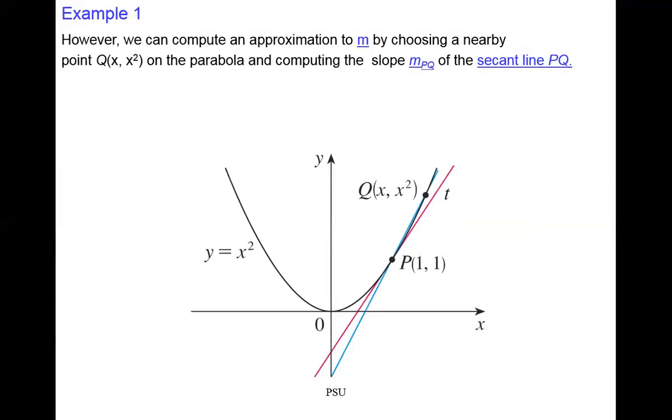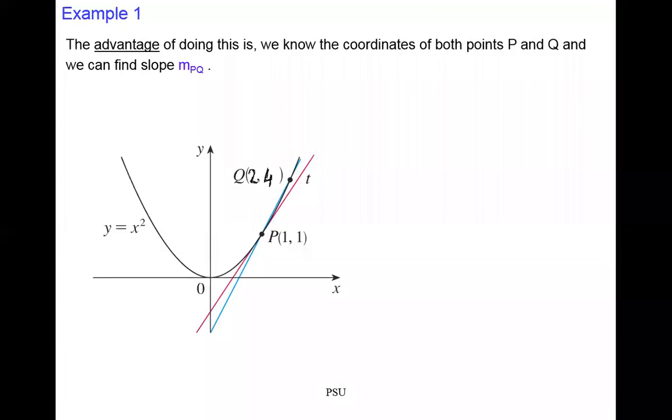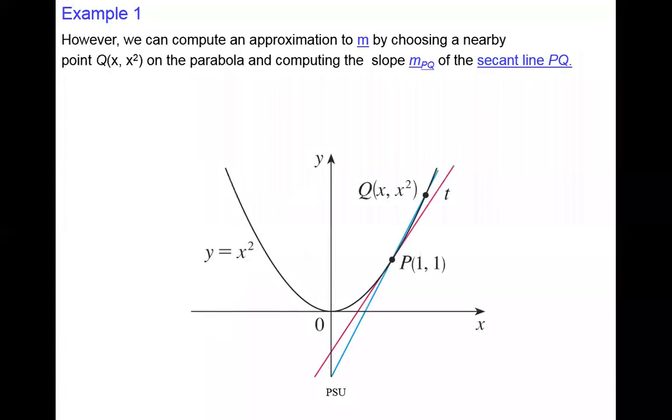Let's see, and I think I did this. Okay, I can have this for now. That's my original point 1, 1, okay? And then I pick another point, x. This is 1, this is x, the corresponding value for 1 is 1, and the corresponding value for x, of course, is x squared.